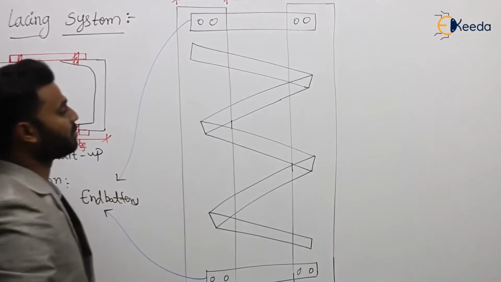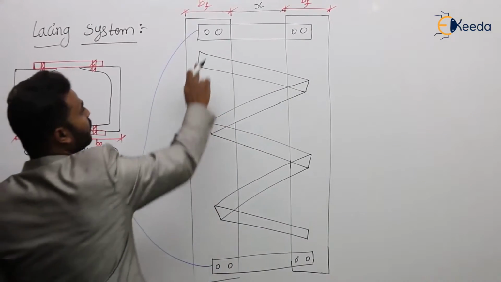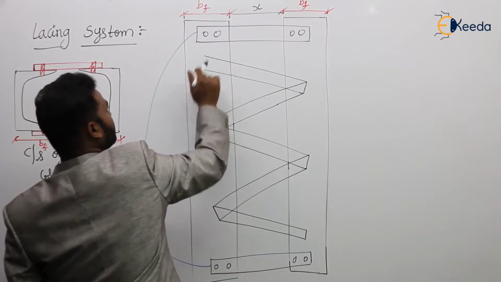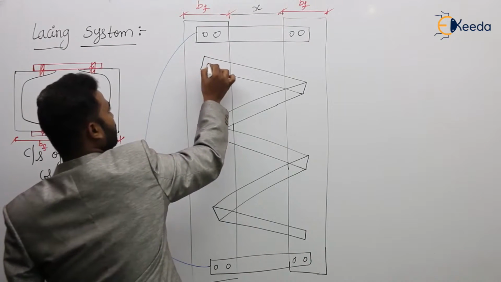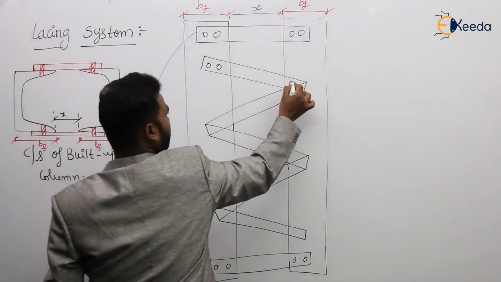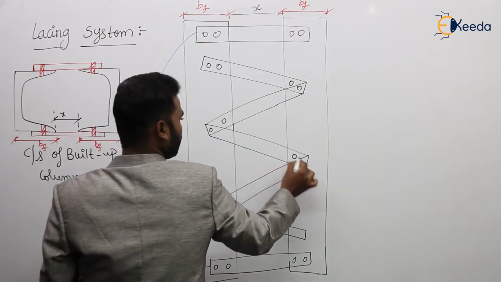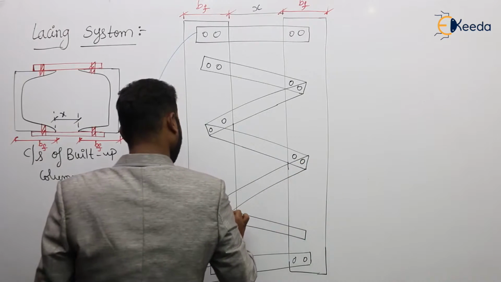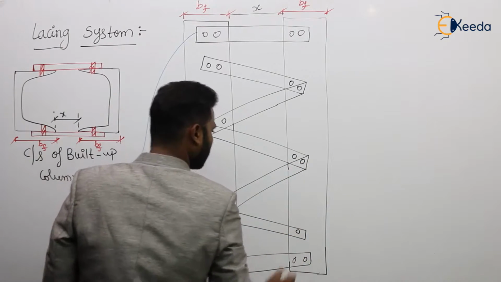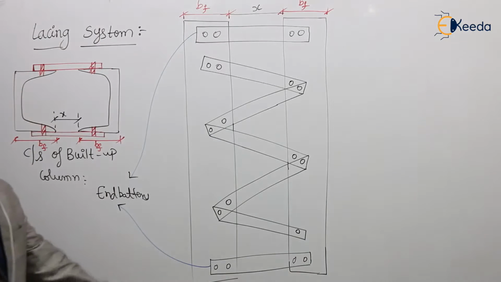This is how the lacing members are provided. And we connect them by using bolts or weld. It depends. Agree? Clear? So this is the lacing system.